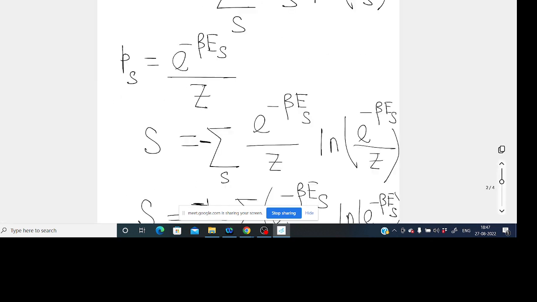Now let's also consider that this is actually S by kB equal to this thing, equal to minus sum over s Ps log Ps.